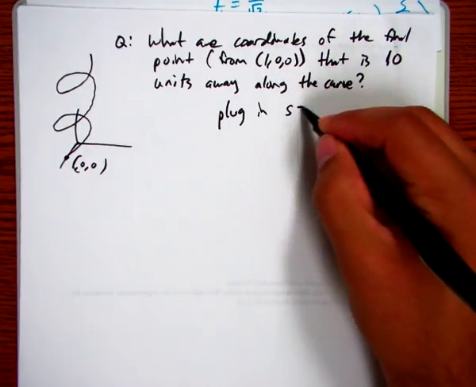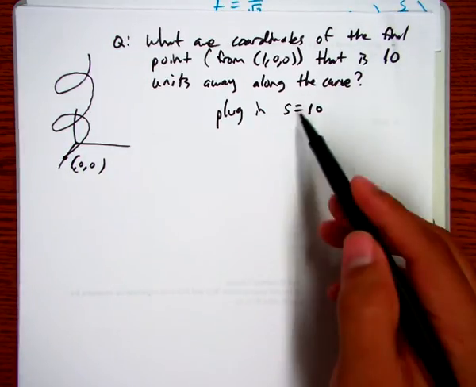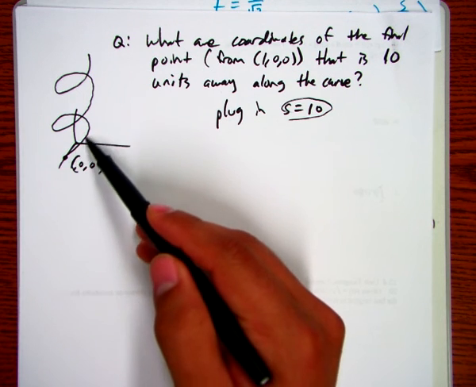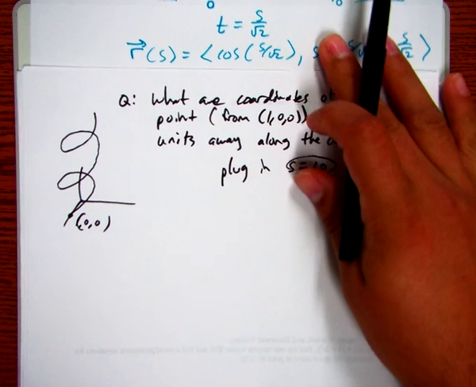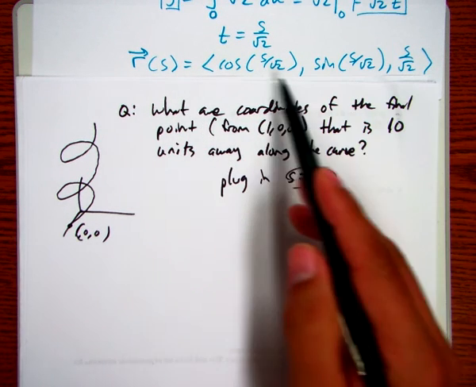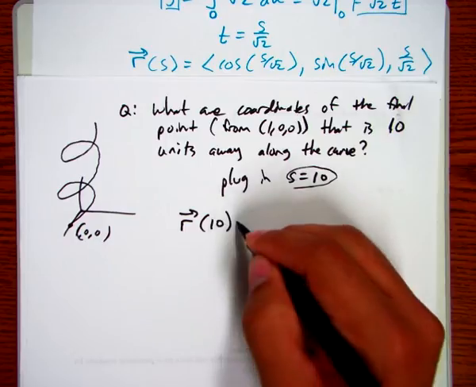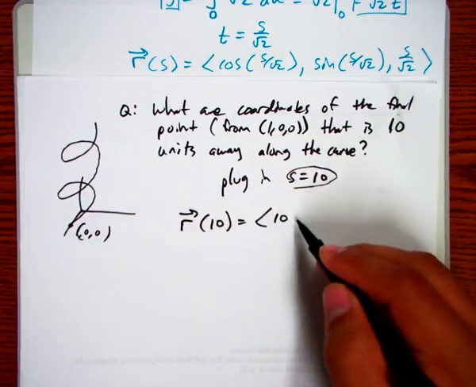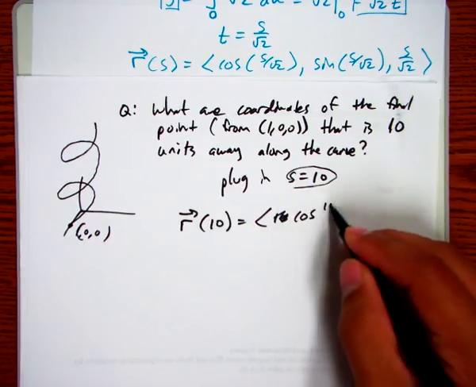Plug in s equals 10. Actually, that's all you have to do. Right? So, since we know our arc length parameter represents exactly traveling 10 units along the curve, if I plug 10 into, not the original, but into our arc length parameterization, that's exactly what's going to happen. So if we do r of 10, that'll be, sorry, cosine of 10 over root 2.